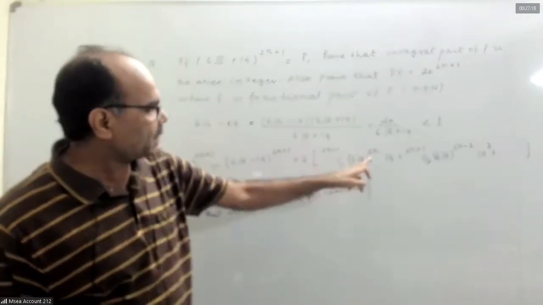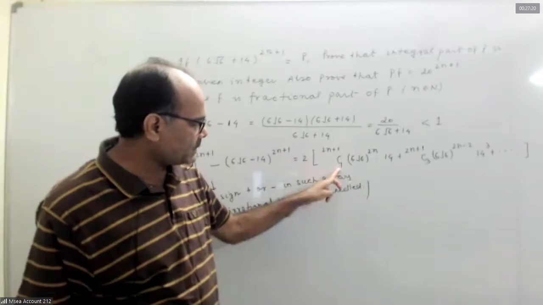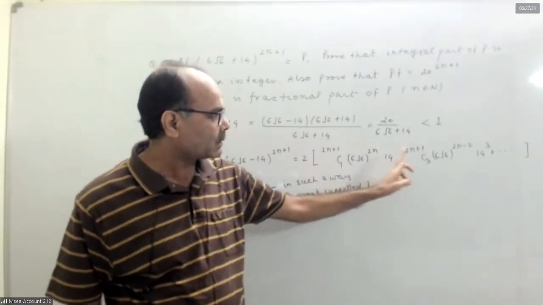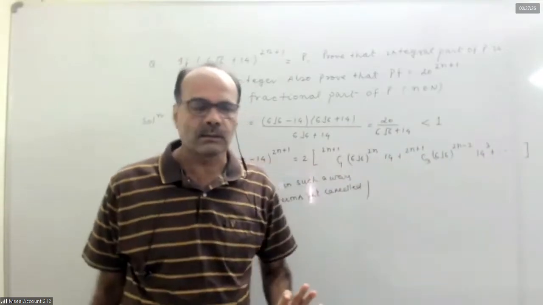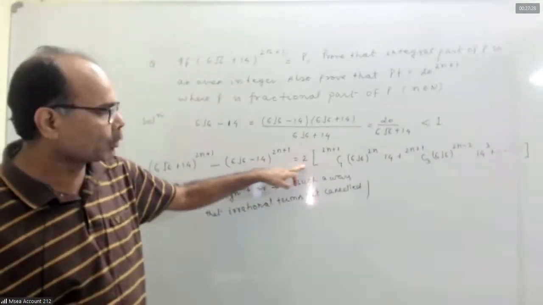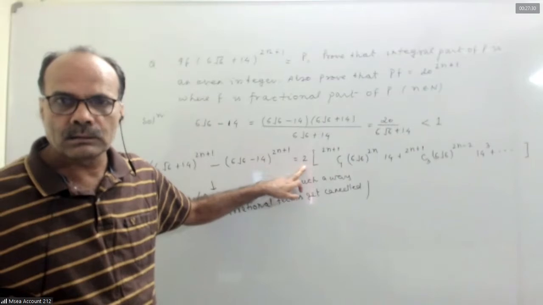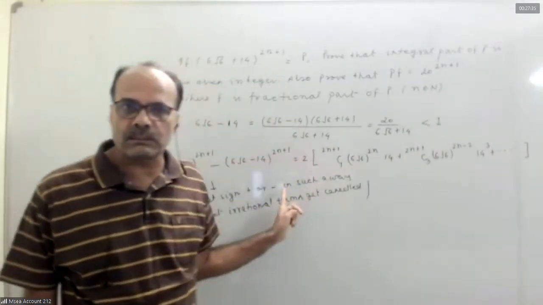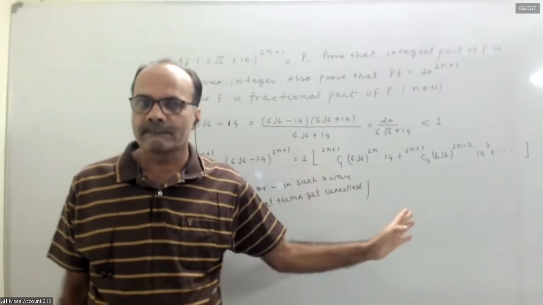See, within the bracket, all the terms are integers. NCR is an integer, and this is an integer because the power is an even integer. All the terms are integers. Outside it is 2, so this is some integer multiplied by 2. So what is this?